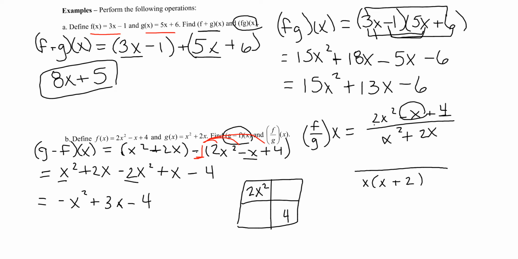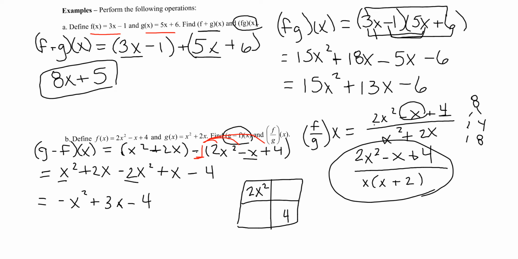Our multiples of 8 are 2 and 4, 1 and 8. None of those, if we use 2 negatives, will give us that negative 1. So this is a prime factor, so we really can't do anything with it. So this will be our final answer. You could even leave the x squared plus 2x on the bottom. But you do want to check to see if you can factor it, and we can't, so we're done.